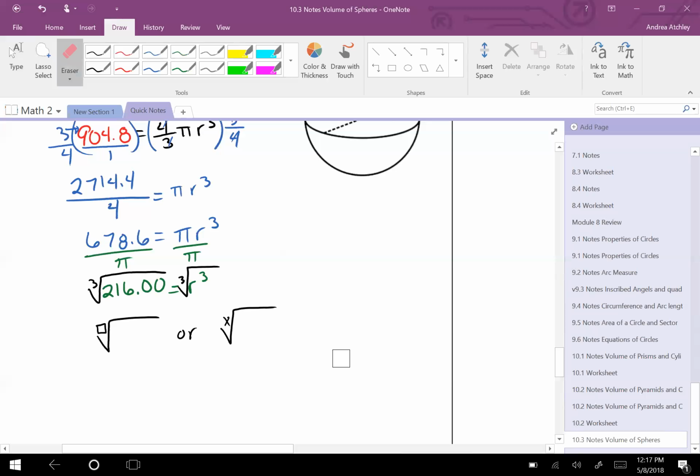Let's see. Right here, X and Y. So you're gonna hit 3, then that, and then 216. Oh, that wasn't right. Let's try it again.